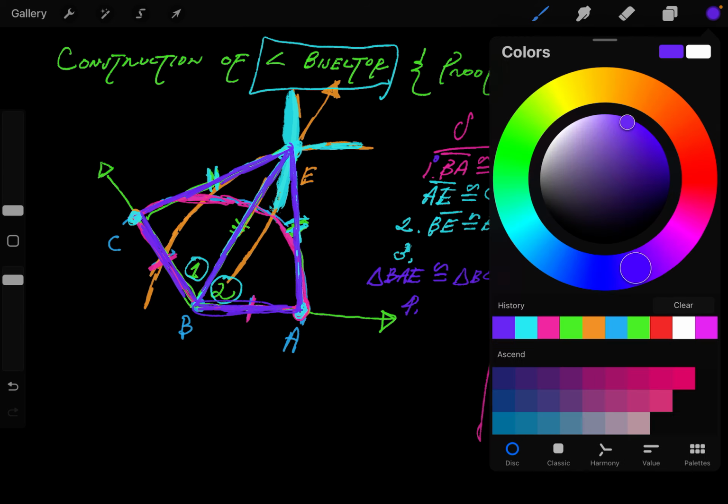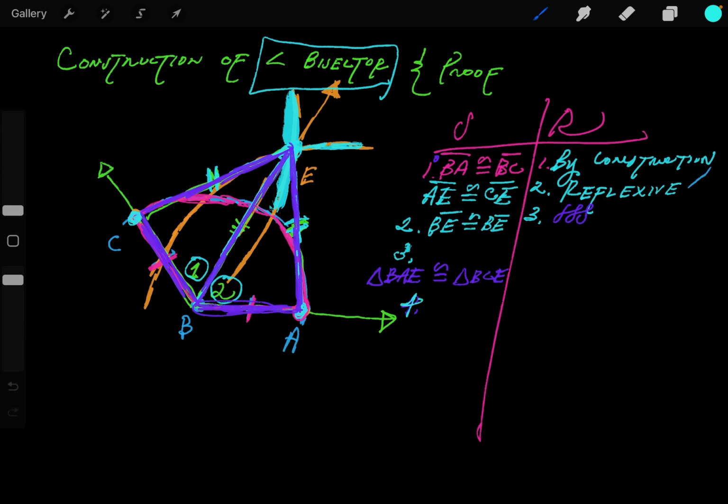4. I'm going to change this color to something lighter. 4. Once I have that the two triangles are congruent, I know that then angle 1 must be congruent to angle 2 by CPCTC. Then after that, once I've shown that angle 1 is congruent to angle 2, that means that BE is the angle bisector of the original angle. So I should say, sorry, ray BE, right?